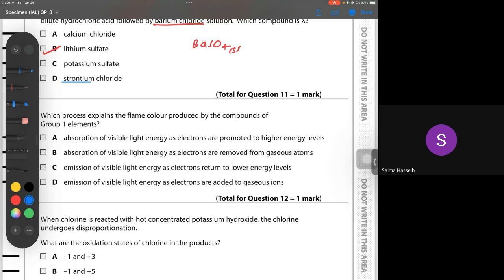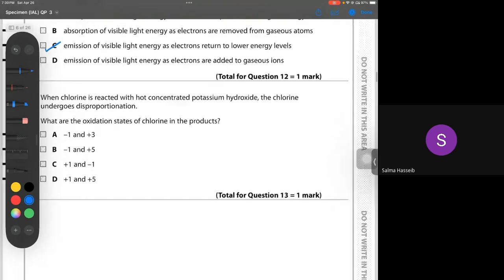They are coming from higher to lower, which is emission. We have two options, C and D. Of course C is correct, because electrons return to the lower energy level, so of course they would be releasing energy.